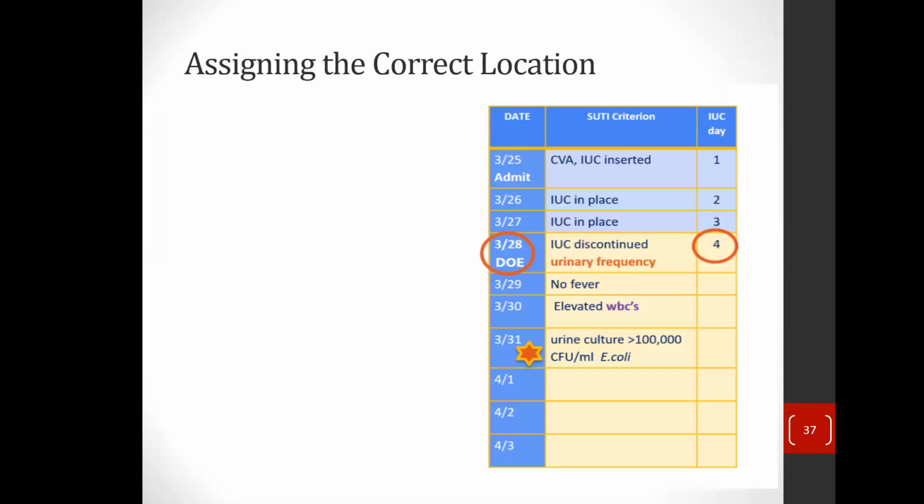Okay, assigning the correct location to this. Remember, our patient was transferred from ICU to 3 South. Okay, the date of event was on the 28th, the day after they moved from ICU to 3 South.